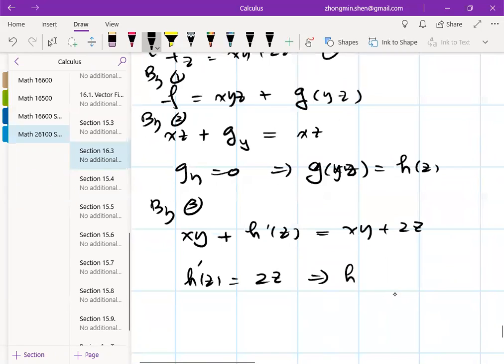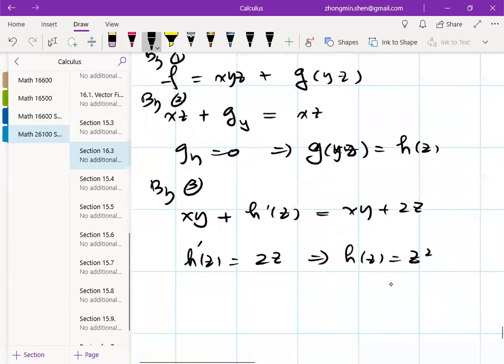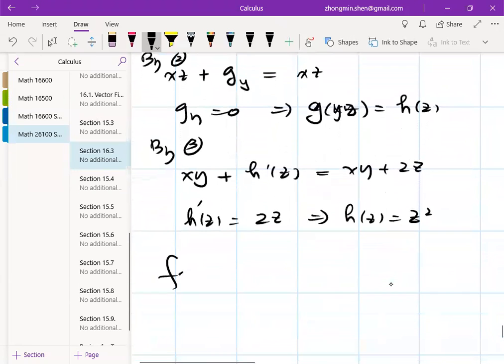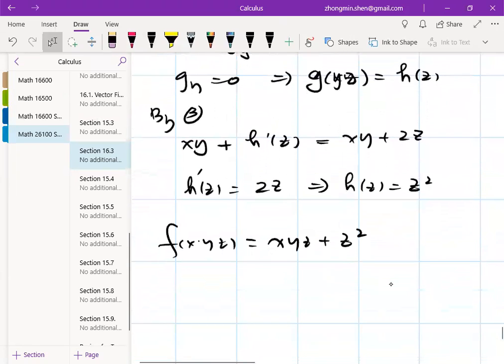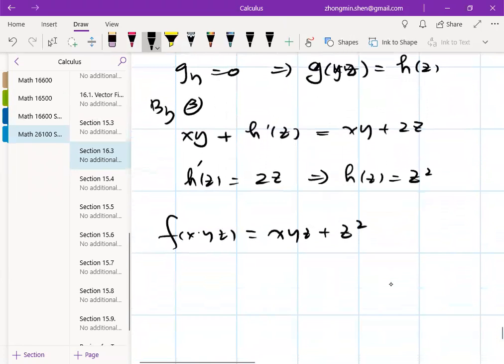That means h of z is going to be z squared plus a constant. Finally, we get the function xyz plus z squared. We define such a function. So the idea is the same. That f is now going to be the potential function.